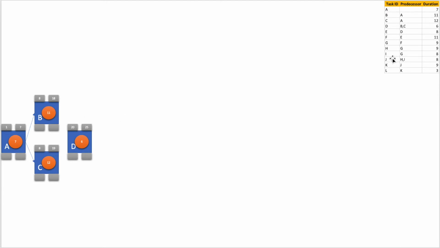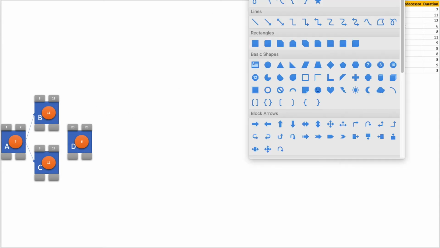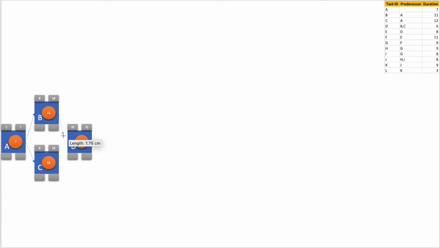Next, we see that activity E has a predecessor in activity D and it takes 8 days. So now let's make the relationship for activity D. So there we have it. So next we plant activity E, which is the next task after activity D. So I put it here. So this is my activity E. Its duration is 8 days.